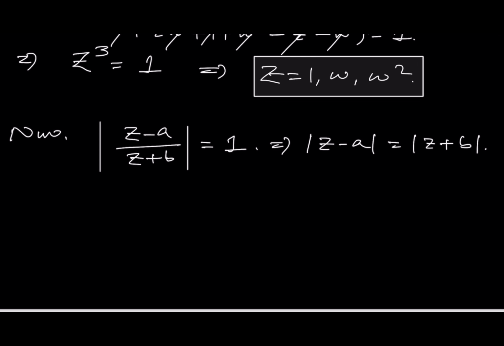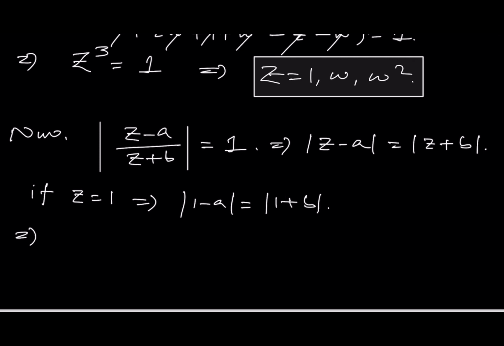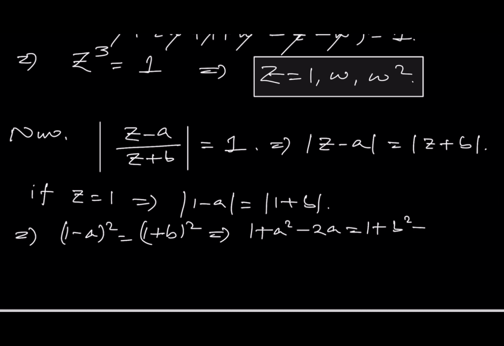Now if I take z is equal to 1, then mod of 1 minus a is equal to mod of 1 plus b, or (1 minus a) whole square is equal to (1 plus b) whole square. 1 plus a square minus 2a is equal to 1 plus b square plus 2b, right?